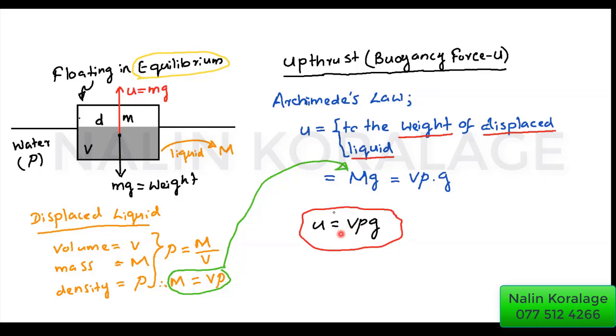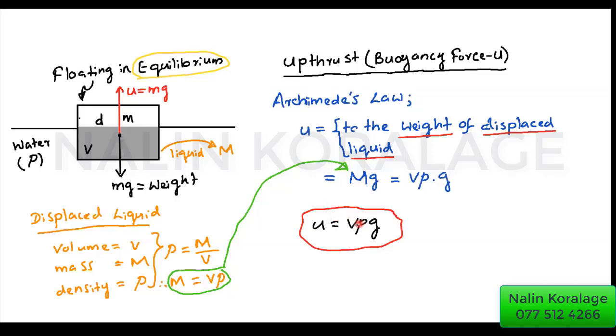This is one of the important theories in your physics career, and it keeps you a little ahead of your colleagues. So the point we used is that mass is the product of the volume and the density. Once we replace that, we get the general equation for the upthrust.